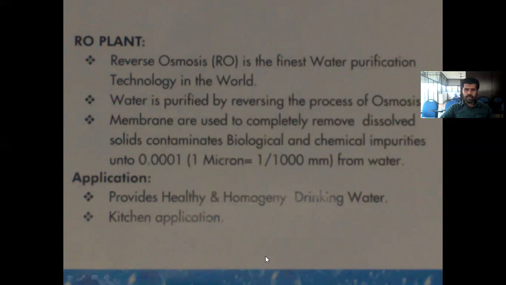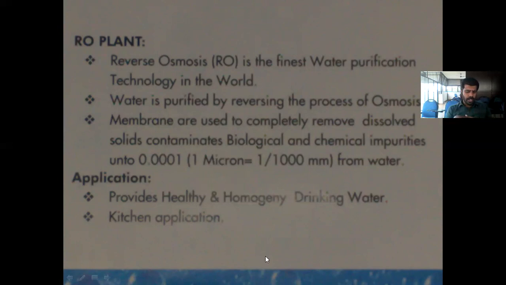So we have studied treatment. I said that we need pre-treatment, and I have already said where we can keep this filtration system. We can keep it between the main supply from the underground or from the well and the overhead tank, or after the overhead tank also.